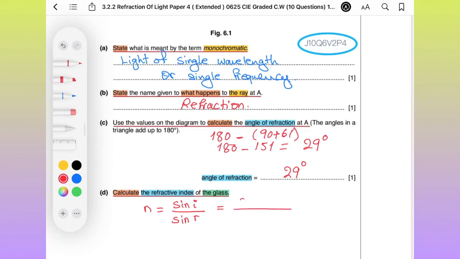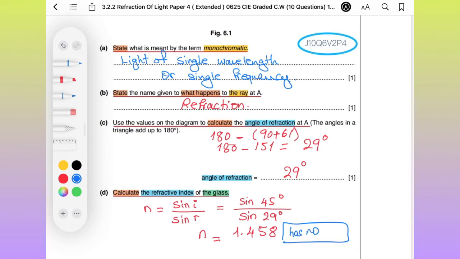So you have sine 45 divided by sine 29. The answer is 1.458. Again guys, the refractive index has no unit because it's a ratio between two similar quantities.